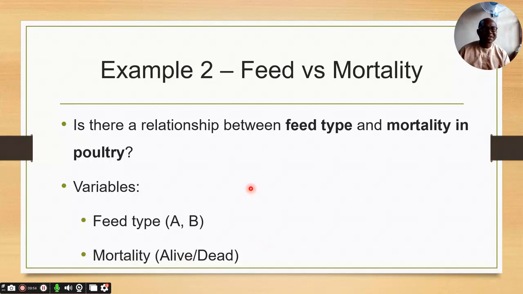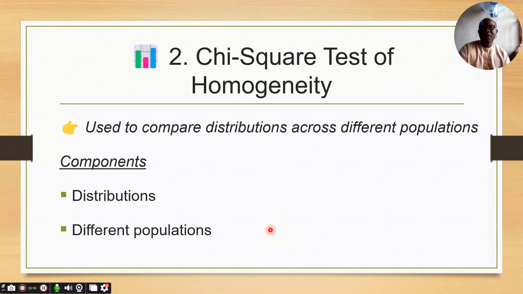So you can appreciate that in each example I've projected so far, the variable type places the members of this population of interest, our target population, in categories. And that is why we say the chi-square test is appropriate when we are dealing with categorical variables.